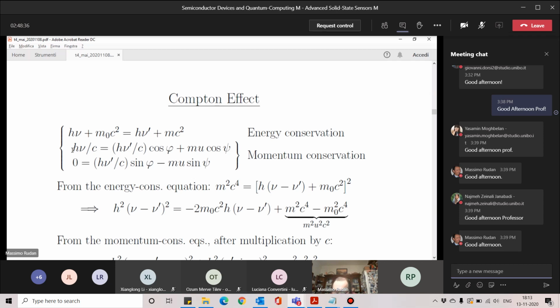Phi, as you remember, is the angle between the orientation of the motion of the photon after the collision and the x-axis. Then we have to add the momentum of the electron, that is mass times velocity, mu, times the cosine of psi. Psi is the angle by which the electron moves away with respect to the x-axis.